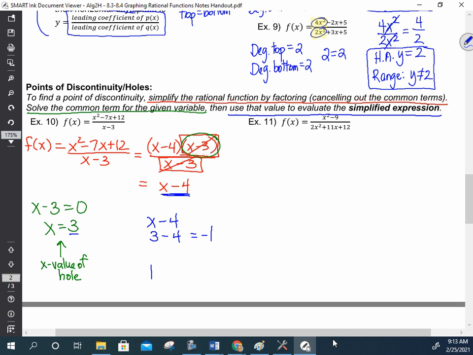So the hole in the graph is 3, comma, negative 1. Any questions? Example 10. Any part that you got stuck on?